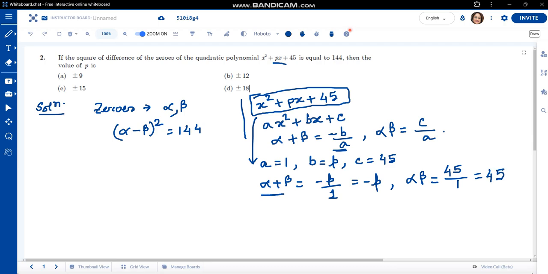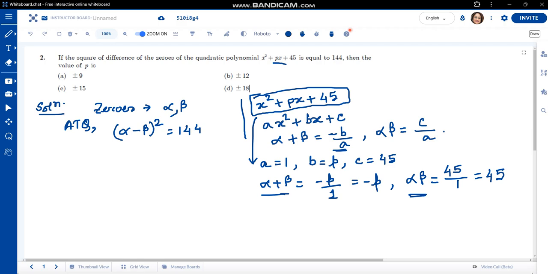So what did we get? Alpha plus beta and alpha beta. And also it is given that alpha minus beta whole square equals 144. This is according to the question. Now we know the value of alpha plus beta and alpha beta, so we can apply an identity.